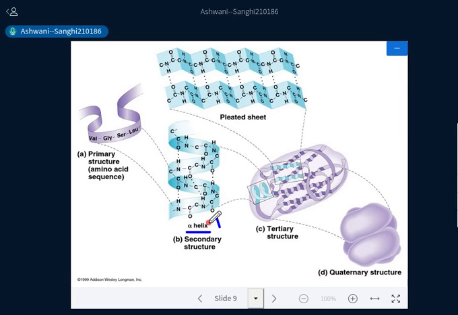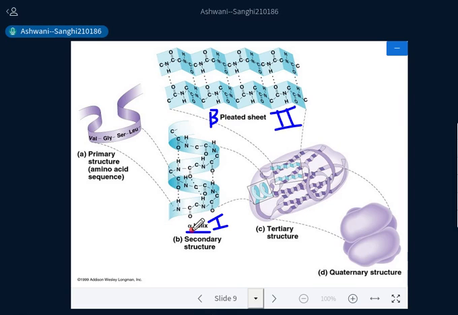One is the alpha helix structure, which contains hydrogen bonds within the same chain, or intramolecular hydrogen bonds. Second, the beta pleated sheet structure, which contains hydrogen bonds between the same chain and different chains.